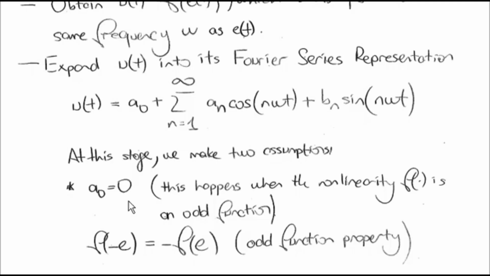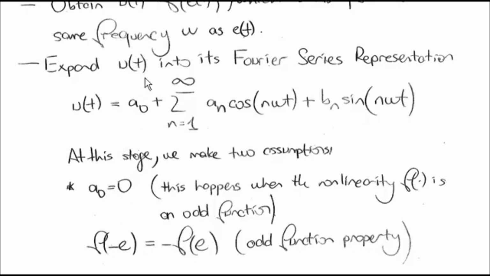So we have already seen some odd nonlinearities. For example, the relay that we have seen, or the saturation, or the dead zone nonlinearity. They are all odd nonlinearities. And in the case of those types of nonlinearities, we are going to have A0 equal to 0.